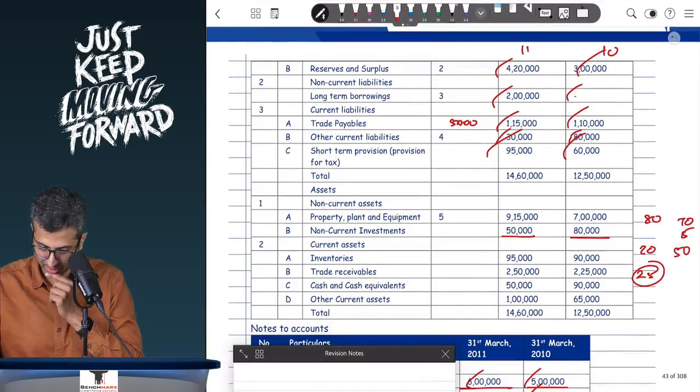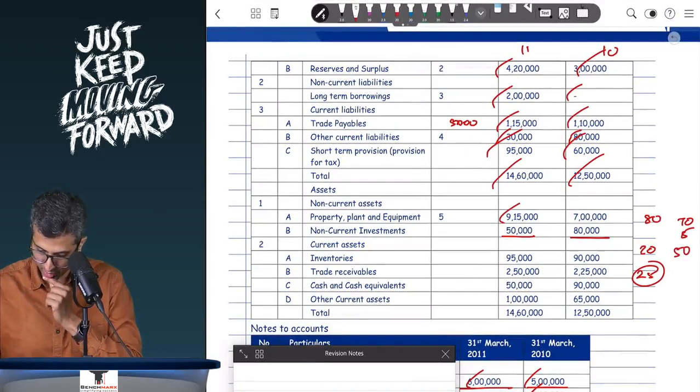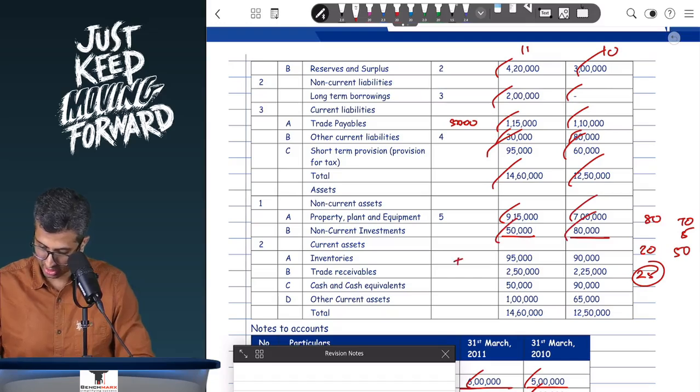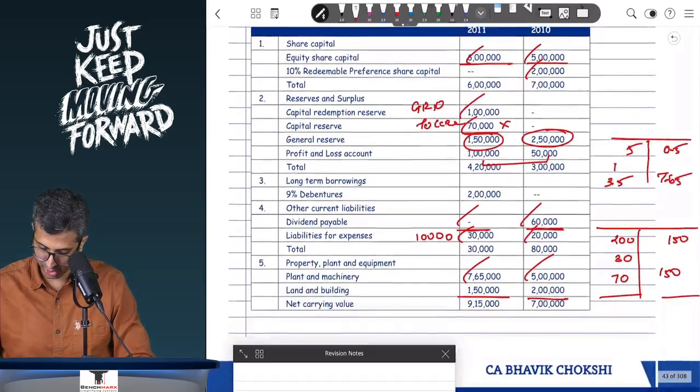On the asset side, PP we have taken care of. Investments we have taken care of. Inventories, there seems to be an increase of 5,000 which you will deduct. Trade receivables, increase of 25,000 which you will deduct. And other current assets, have you been told what that is?